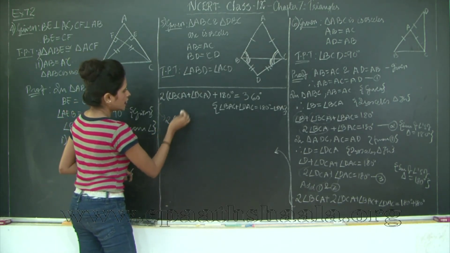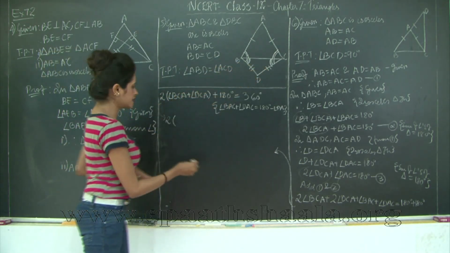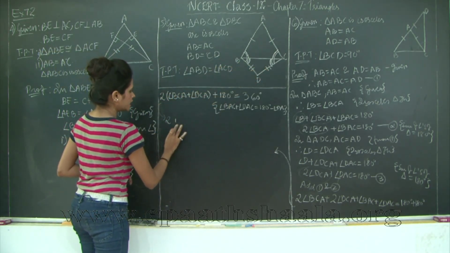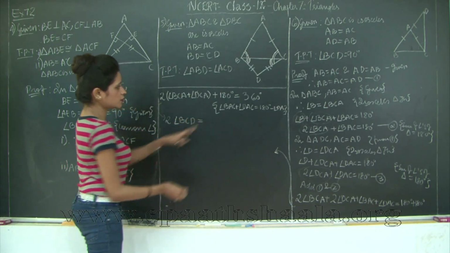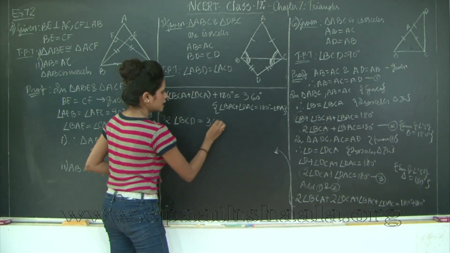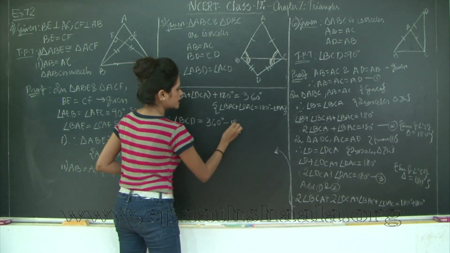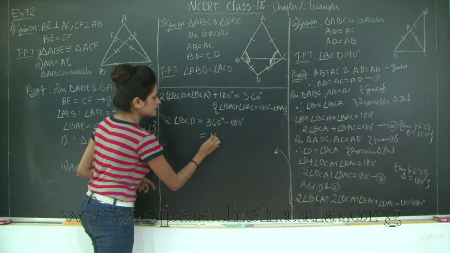So continuing, what do I get? 2 (BCA plus DCA) is what I require to give BCD. So 2 angle BCD is equal to, I'll take 180 on the right hand side, so it will become 360 degrees minus 180 degrees, which is 180 degrees.